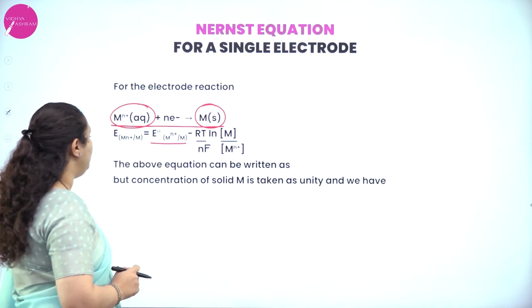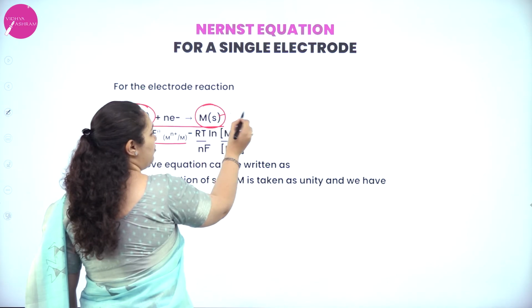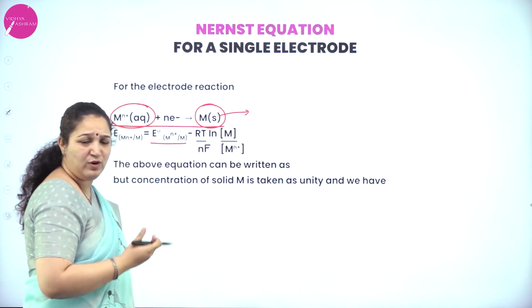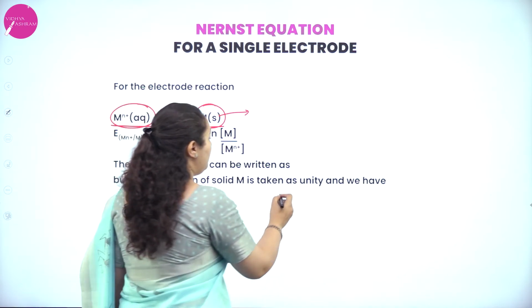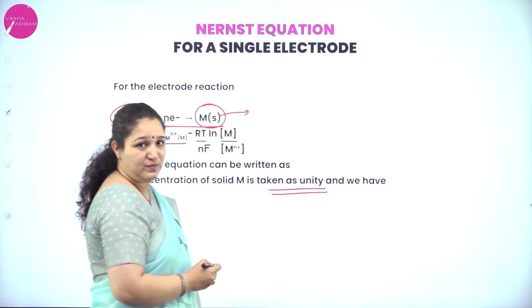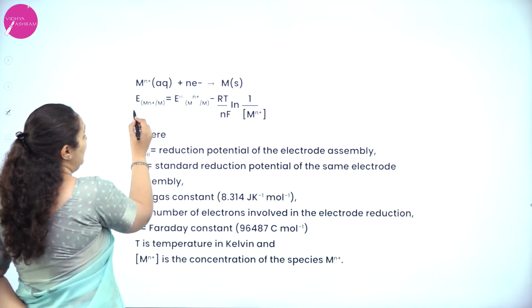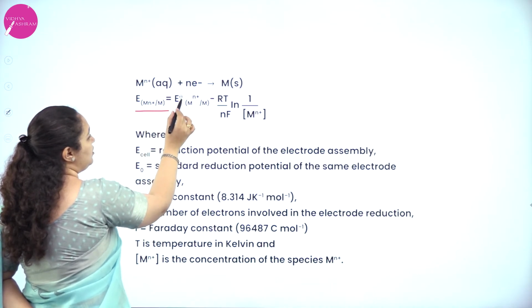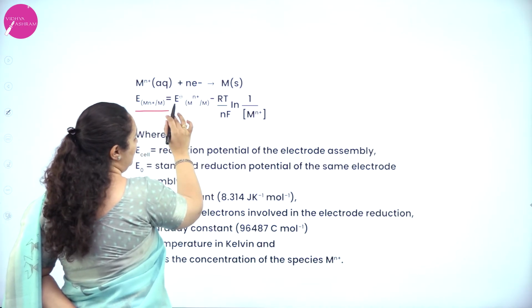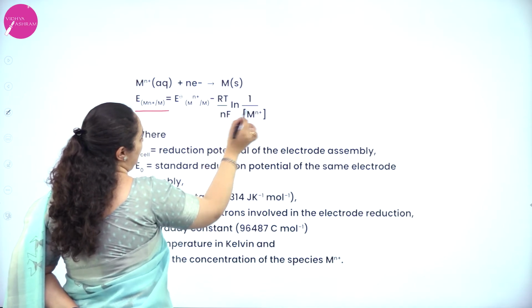Now, the metal is in solid state. Molar concentration, how can you tell for a metal in solid state? It is not possible. That's why we always take it as unity. So the above equation becomes: E, the electrode potential, is equal to E naught of the electrode minus RT by nF ln 1 by M^n+.